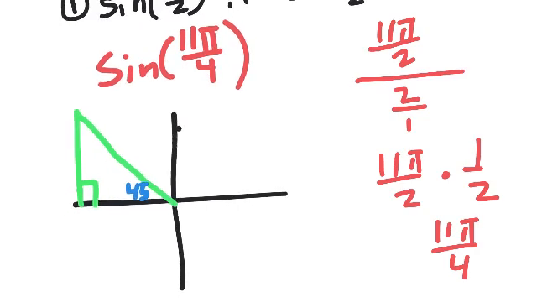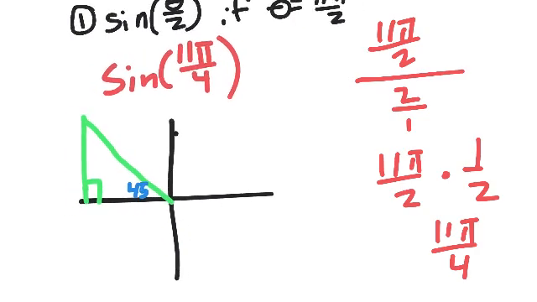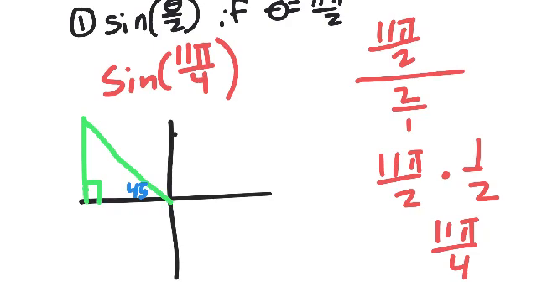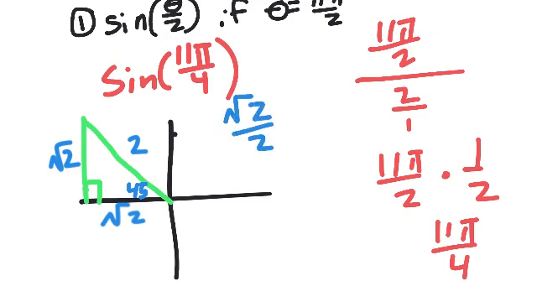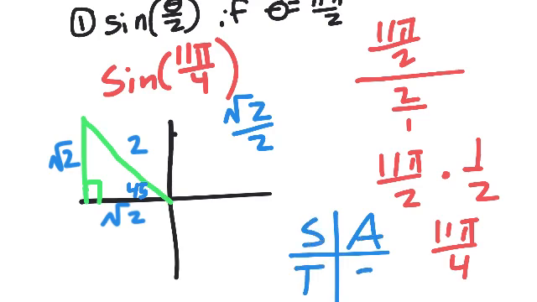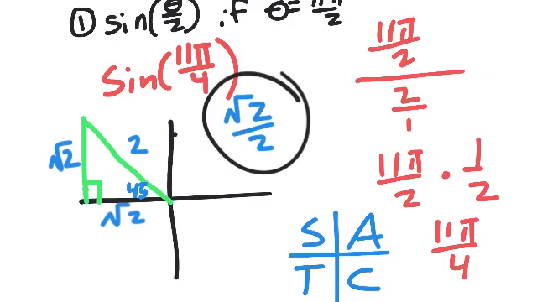So this is a 45, 45, 90. Across from the 45s are radical 2s. And the hypotenuse is a 2. Sine is the opposite over the hypotenuse, so that's going to be radical 2 over 2. And I'm in the second quadrant. All Students Take Calculus. In the second quadrant, sine is positive, therefore my answer here is positive. Radical 2 over 2.